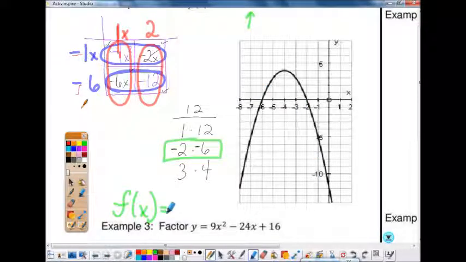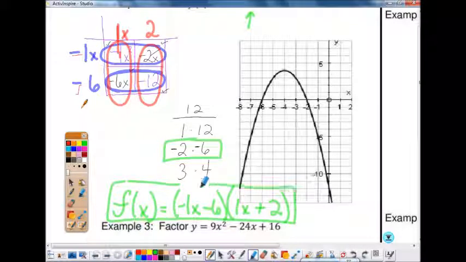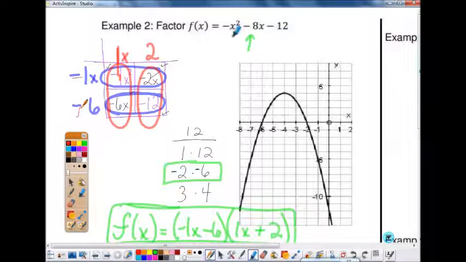So now my factors are my recessive side here, negative 1x minus 6, and my dominant side here, positive 1x plus 2. So this is the answer to my problem of when I factor. The problem, f of x equals negative x squared minus 8x minus 12.